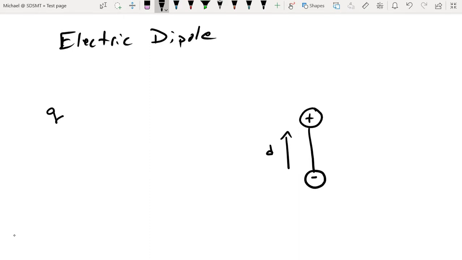And if we combine the value of the charge magnitude with the displacement vector, we produce the dipole moment, and we used P to represent that. So we can just as easily replace d with the dipole moment P. But today, instead of finding the electric field, we want to find the electric potential.